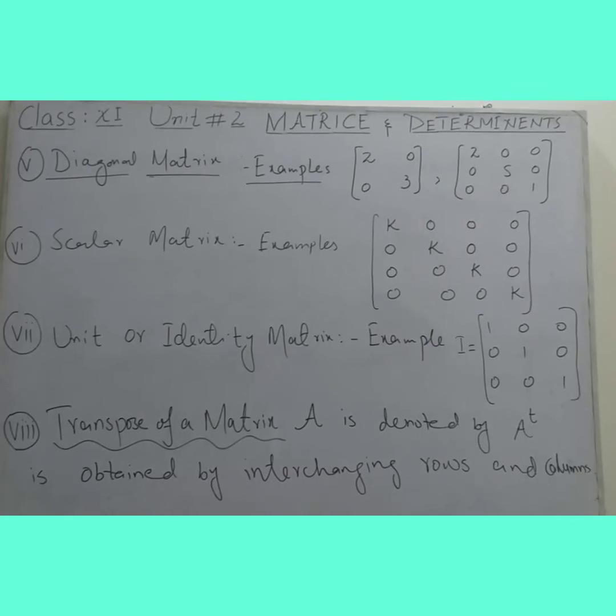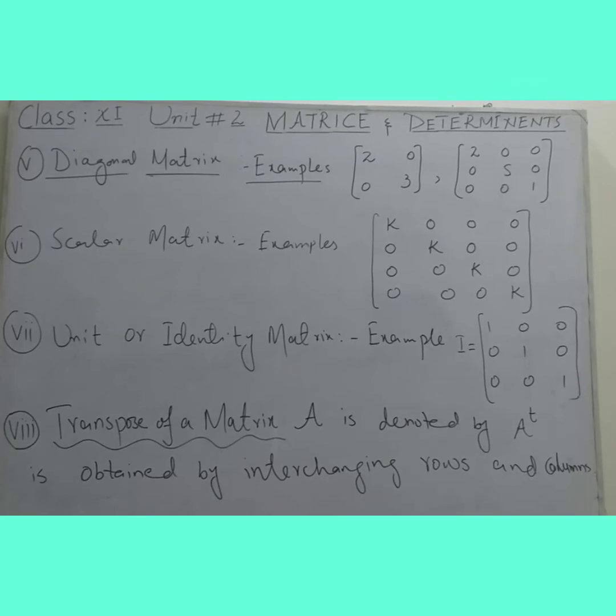So for a scalar matrix we have a proper definition: a scalar matrix is that matrix in which non-diagonal elements are 0 and the diagonal elements are equal. So this is a scalar matrix.